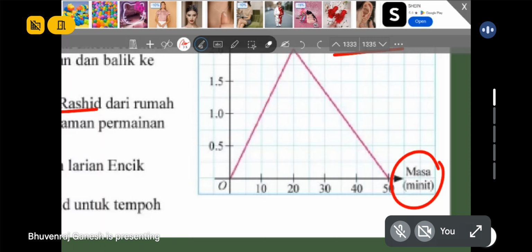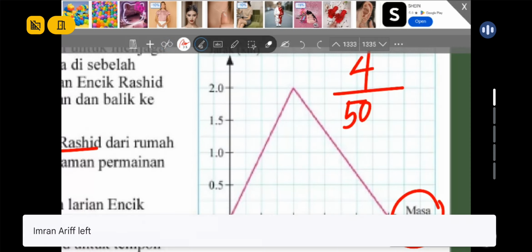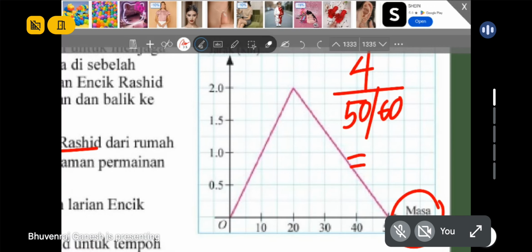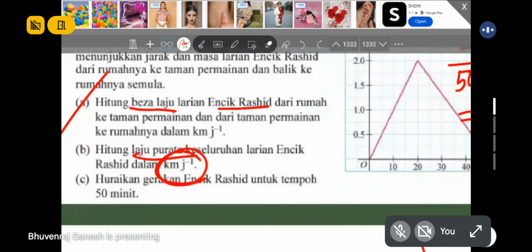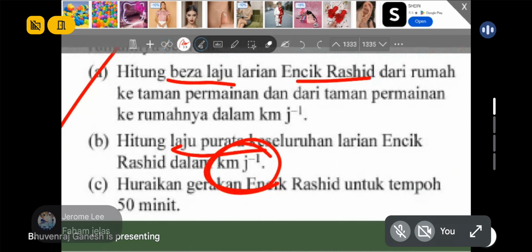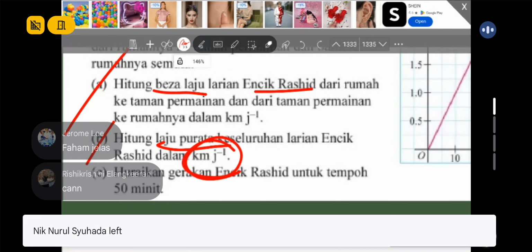Can you see guys? So minute must convert to jam. Divide 60. So be careful with the unit guys. As I say, question can always trick you guys with the unit. So 4.8 kilometers per hour. Paham? Can get the concept for part D. All these consider simple question, you know guys. Tenang saja.